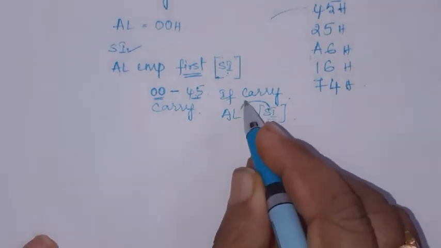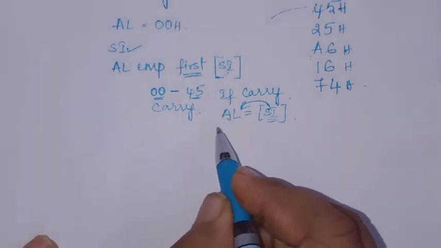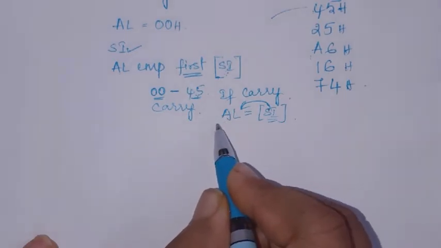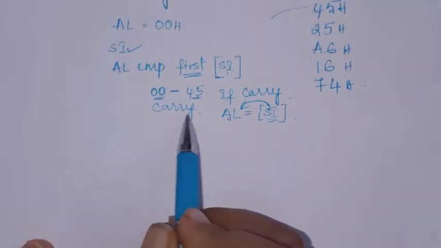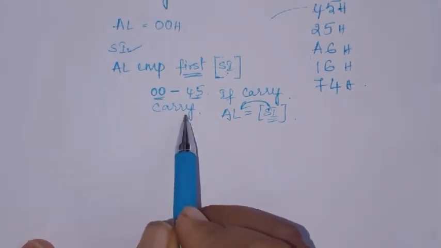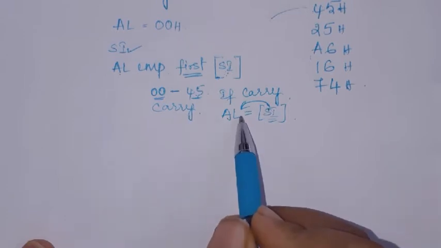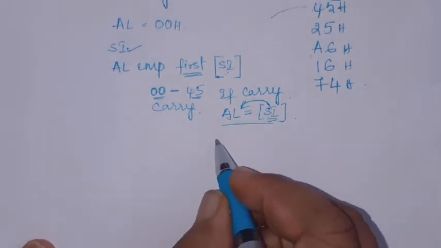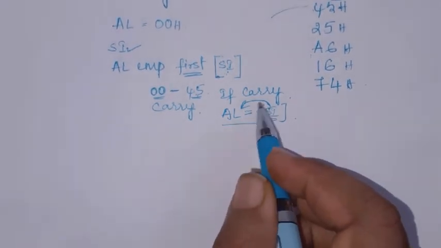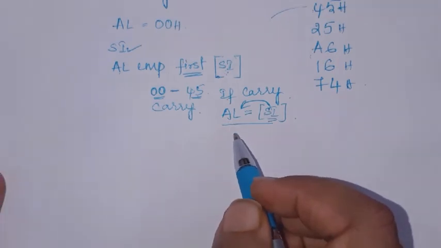Okay, this must be moved to the AL register. Now after this, the AL register will hold 45. If carry is not there, then no need to transfer this. If carry is there, this should be done. If no carry, no transfer is required. The contents of AL will remain the same.